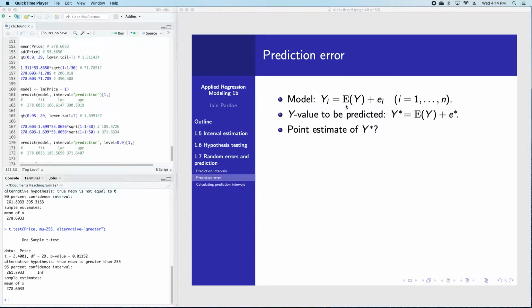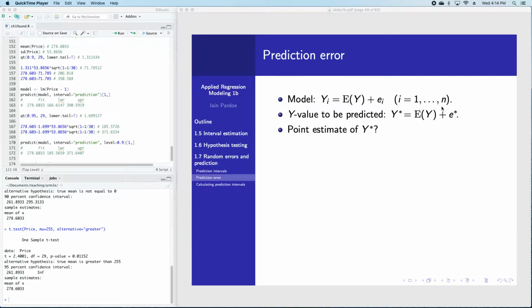That sale price is going to be broken up into two pieces: an overall population mean representing the average sale price, so the expected value of y represents the population mean, and then we add on a random error e. For expensive houses that random error will be a positive number, and for inexpensive houses that random error will be a negative number. And we think about that over the whole sample, i going from 1 all the way up to n.